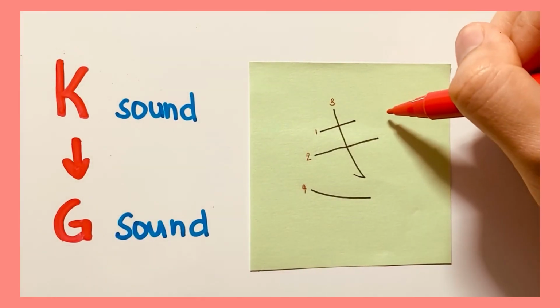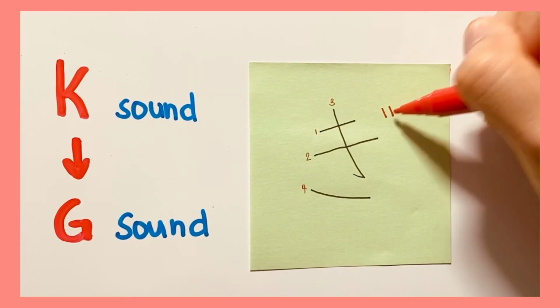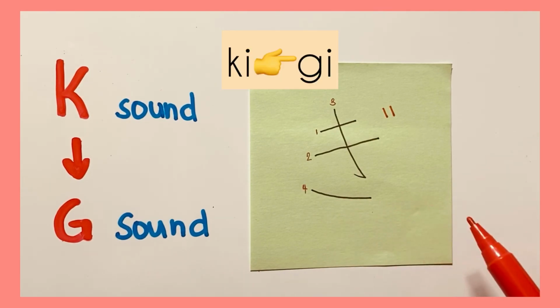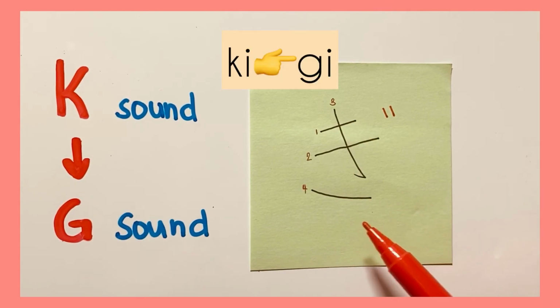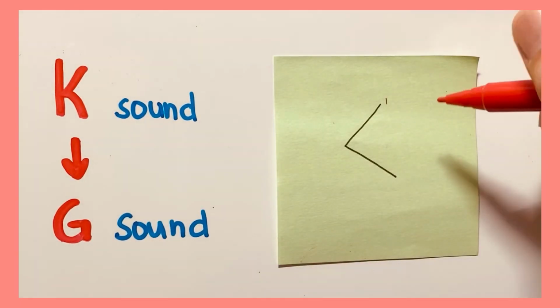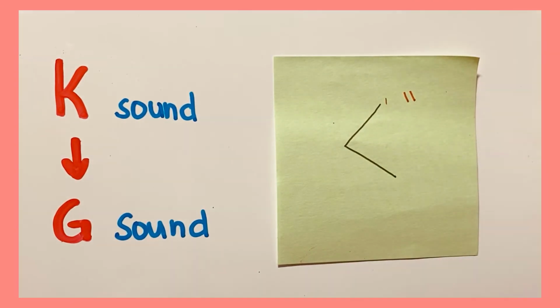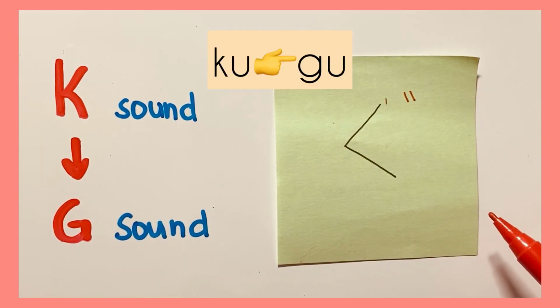So again, let's add tenten here. So from ki, it becomes gi. Gi. So let's add tenten. From ku, this becomes gu. Gu.